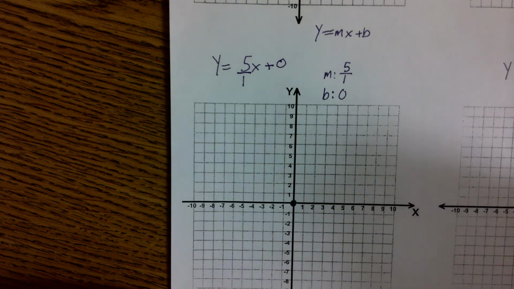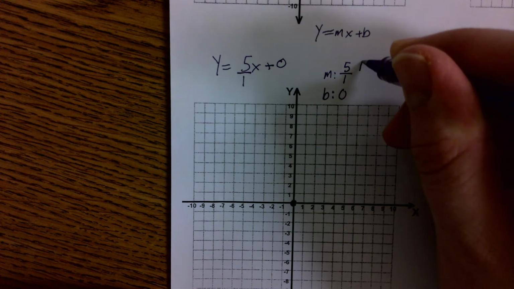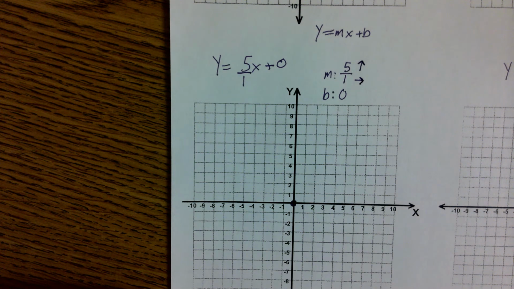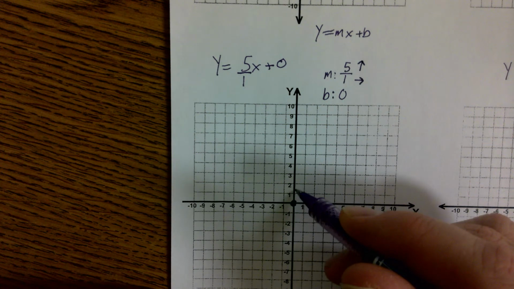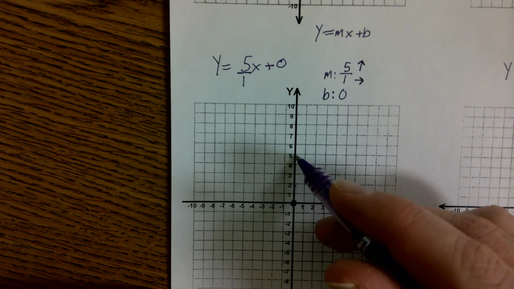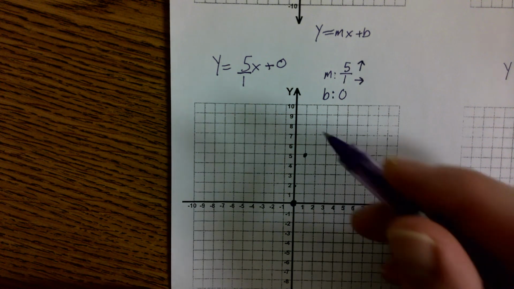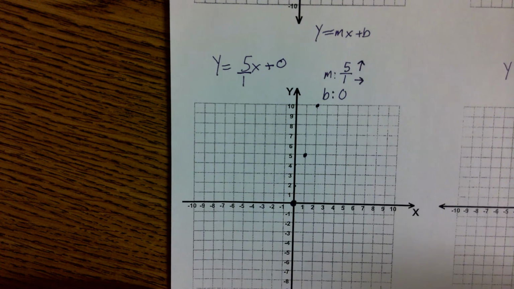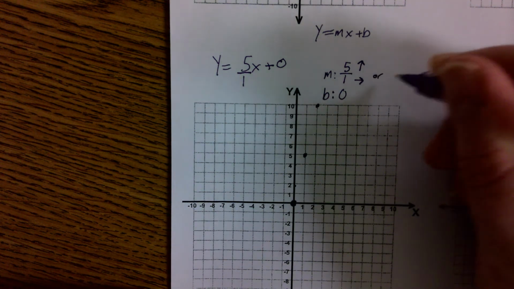Now this is a positive 5, so I'm going to be going up 5 and to the right 1. I want to go positive in both directions here. So starting at my origin, my y-intercept of 0, I can go up 5 and to the right 1. Up 5 and to the right 1. Now, just like we saw in the second example, I could reverse these.